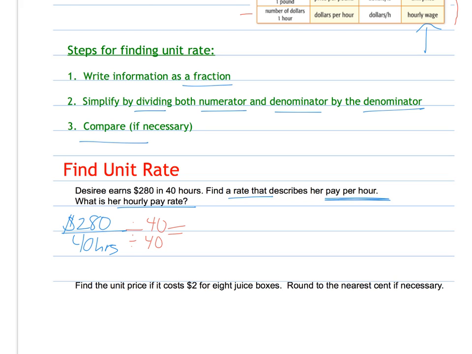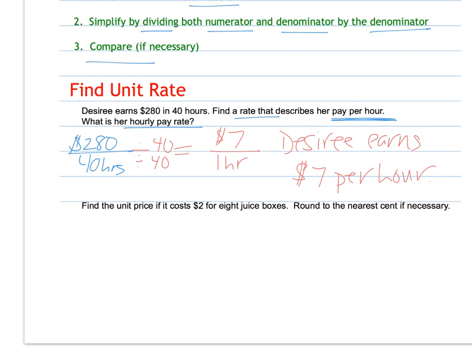Well, 40 divided by 40 is just 1, so we get 1 hour. And on the top, I know that 28 divided by 4 is 7, so 280 divided by 40 is also 7. So what that means is Desiree earns $7 per hour at her job.